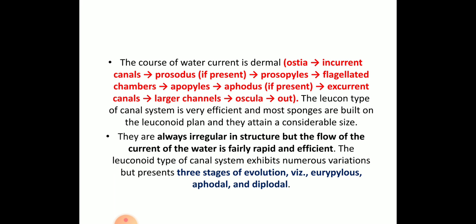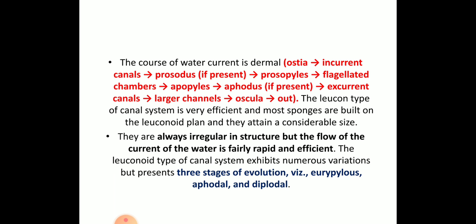So this is how water transmits from one region to another. Ostia in incurrent canals are mainly present, and the current of water flows from the prosodus to the prosopyle, flagellated chambers, apopyle, aphodus, excurrent canals, large canals, and osculum, and it is thrown out.